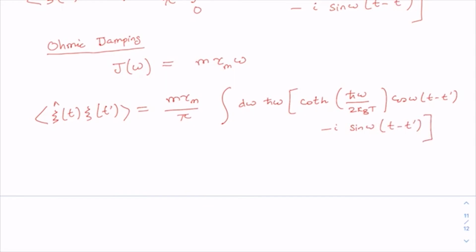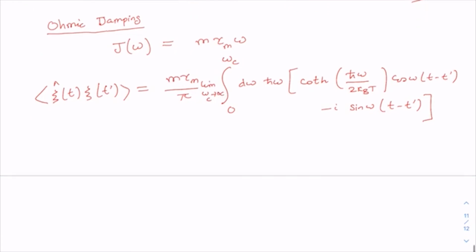Now here the integration limit is from 0 to, generally we write infinity, but to be precise there is some cutoff frequency for ohmic damping, omega_c, and it is generally taken in the limit omega_c tends to infinity.